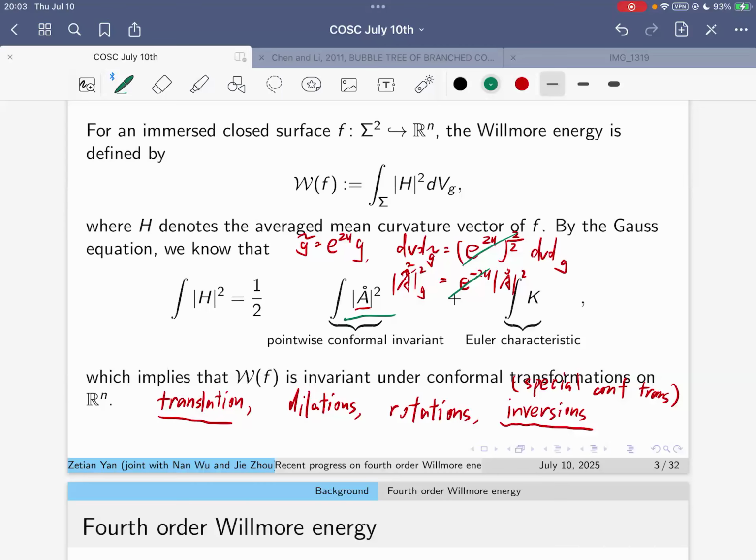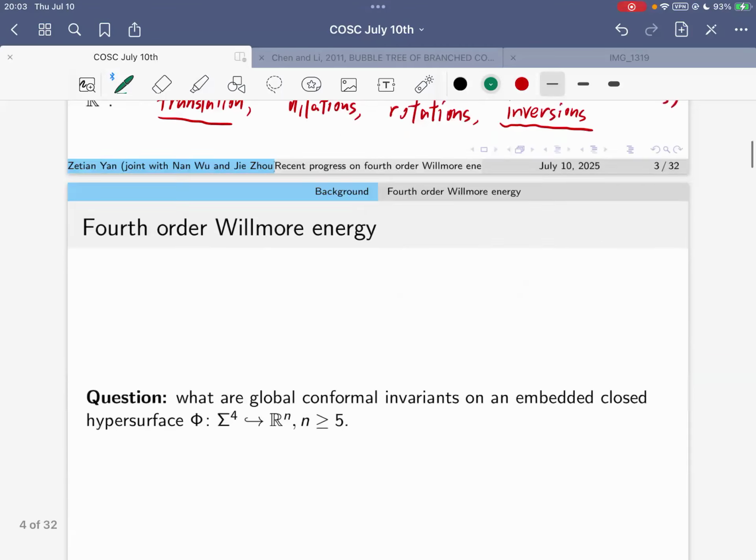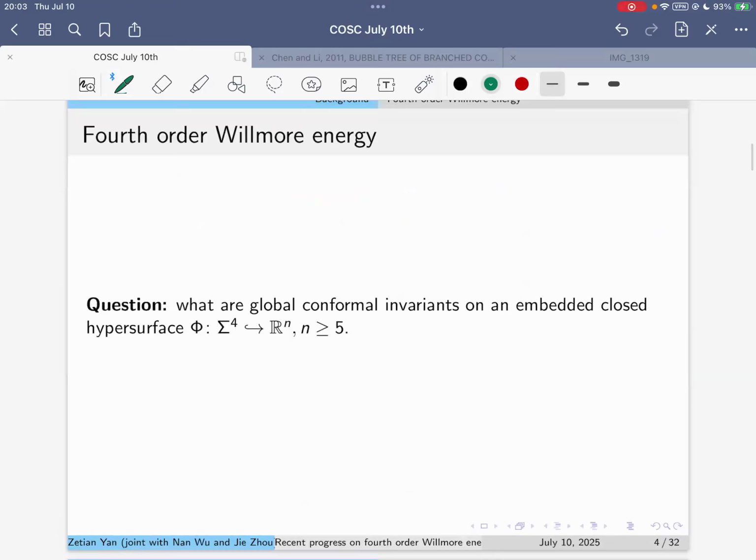Okay. So if you would like to generalize Willmore energy to higher dimensions and manifolds, the question is how to find global conformal invariants on an embedded closed hypersurface. And here for convenience, we just consider the hypersurface case, okay? And the dimension is 4.